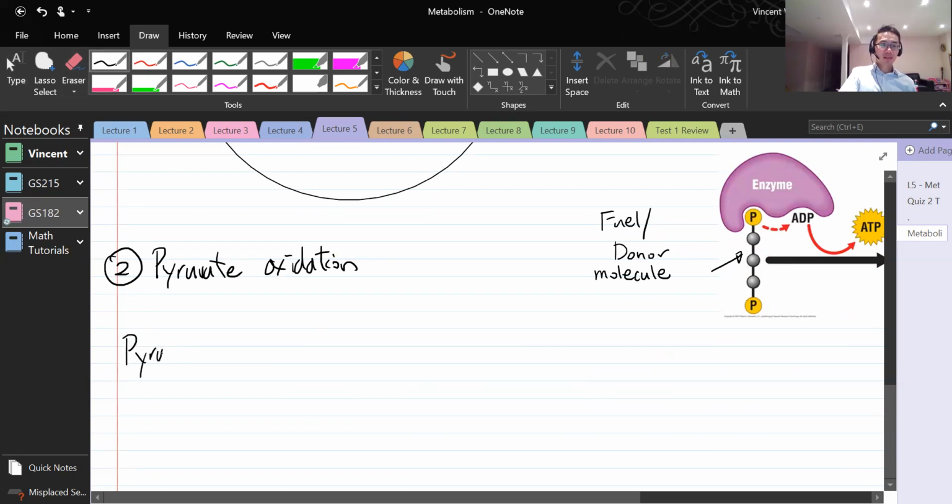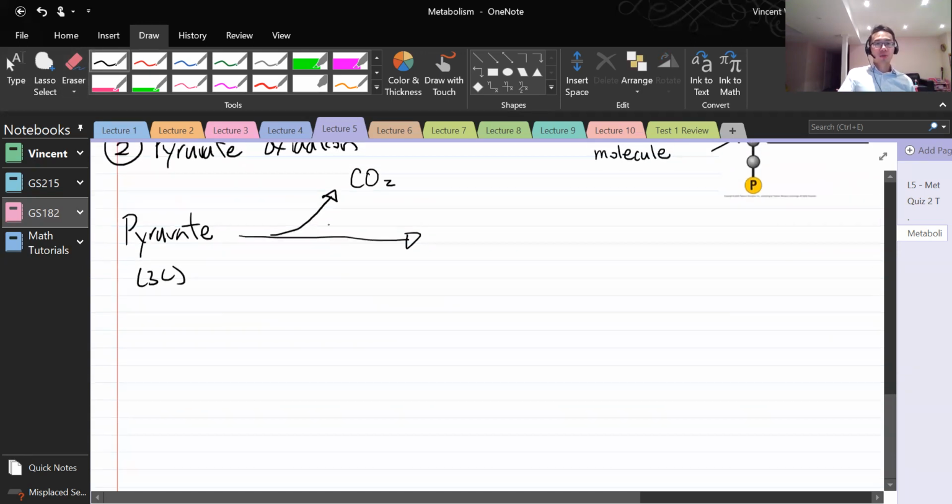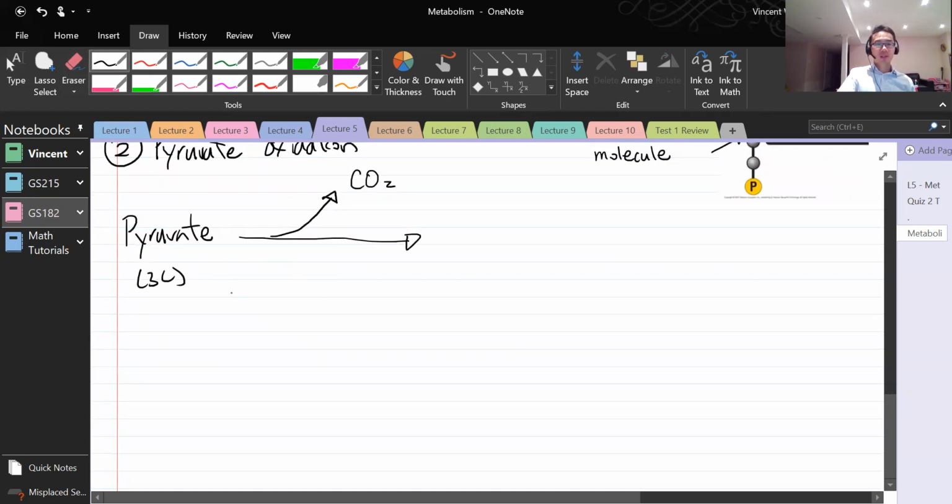The pyruvate, which is 3 carbons. We are going to remove a carbon from pyruvate, and it's going to come out in the form of carbon dioxide. We are also going to be releasing electrons. So an NAD plus will come along, it will grab the electron, and then it will become NADH.